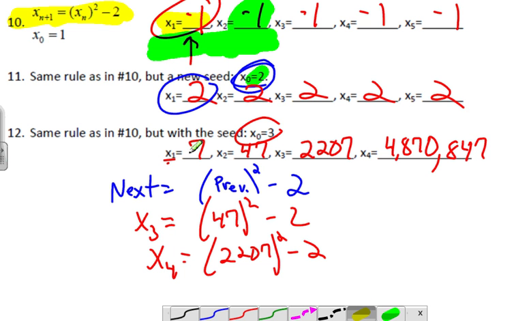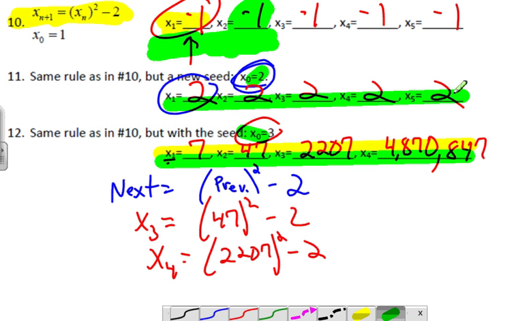So the behavior here is that it's exploding quickly just by changing the seed. Same rule, different seed, different behavior compared to the other seeds.